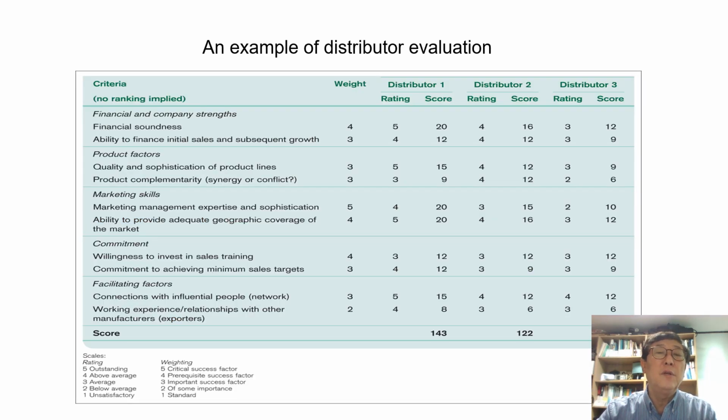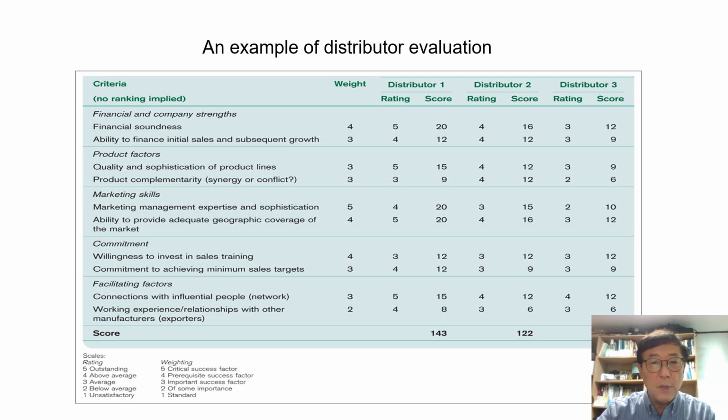So this is an example. You have financial, product, marketing, commitment, and facilitating factors, with different weights, like 4, 3, 3, 3, 5, 4. You are familiar with this, right? A decision matrix, a more complicated one. So distributors 1, 2, 3, three different distributors.